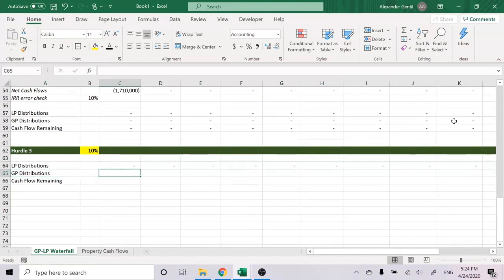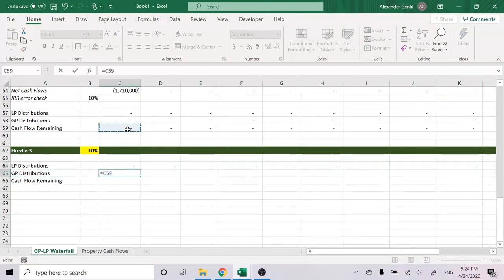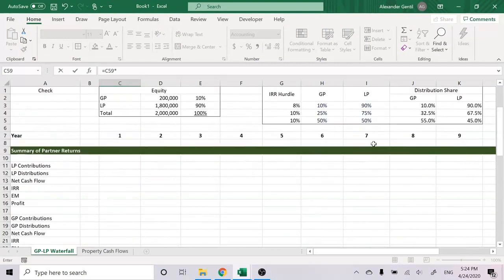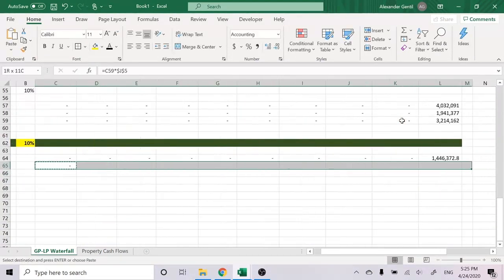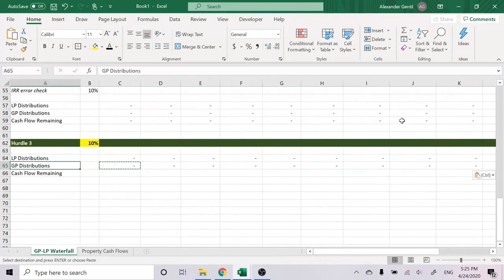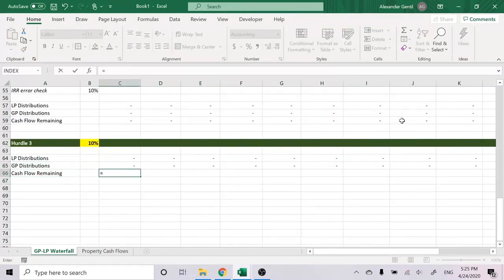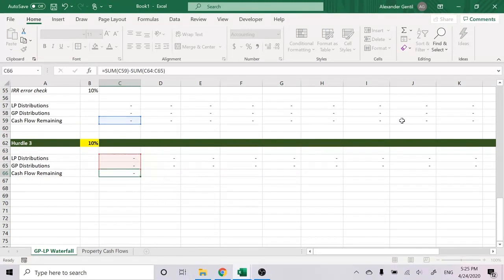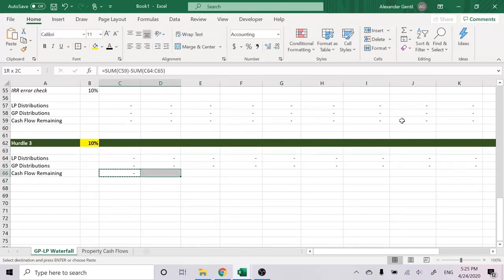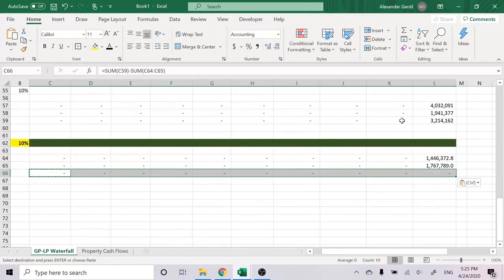And then the GP, whatever cash remains, gets distributed with a greater share. And then I'm just going to do a check here. I'm going to take this minus the sum of these two, and that should be 0, because this is our third and last hurdle.